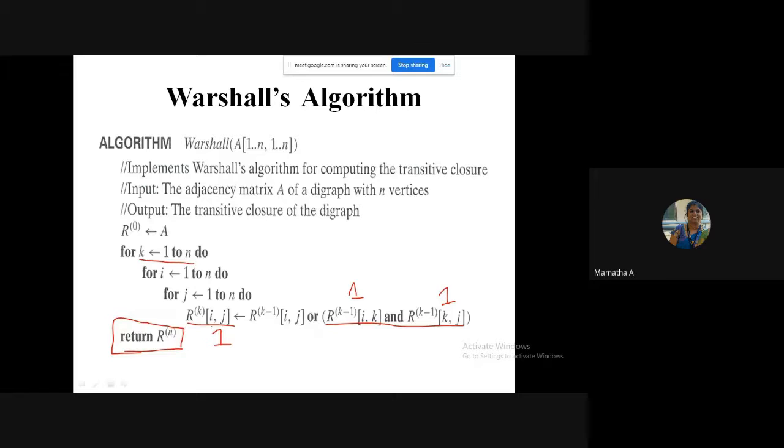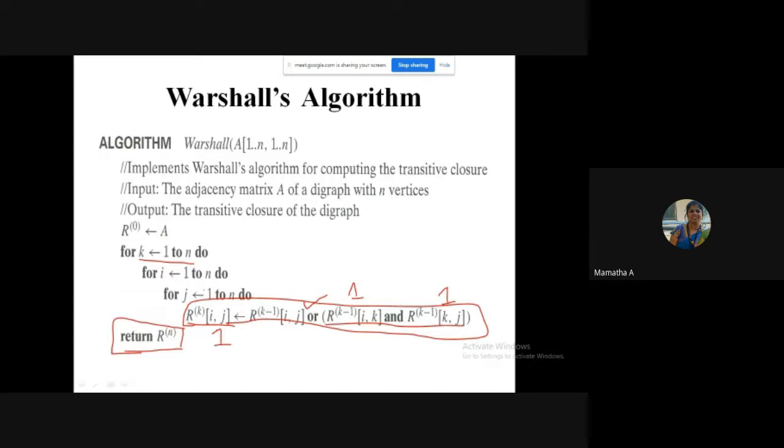That is, this particular statement is now acting as my basic operation. So if I execute this only, I will get the intermediate matrices. You can see this is embedded within how many for loops? 3, ma'am. So what is the order of growth?